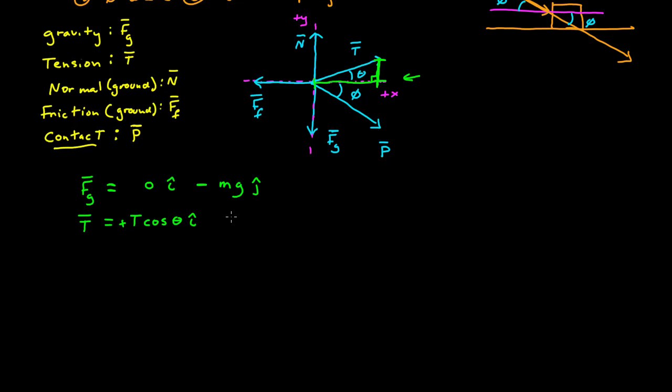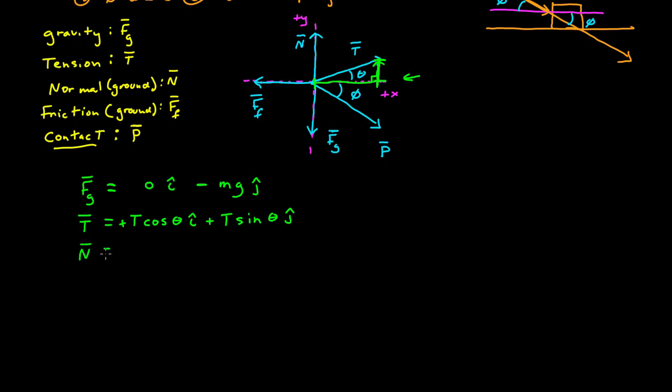The length of that side of the triangle is the hypotenuse, which is the magnitude of the tension force, times sine theta. It's along the positive axis, and looking at my coordinate system, I see that it is in the positive y direction. So that gives me the tension force in component form.